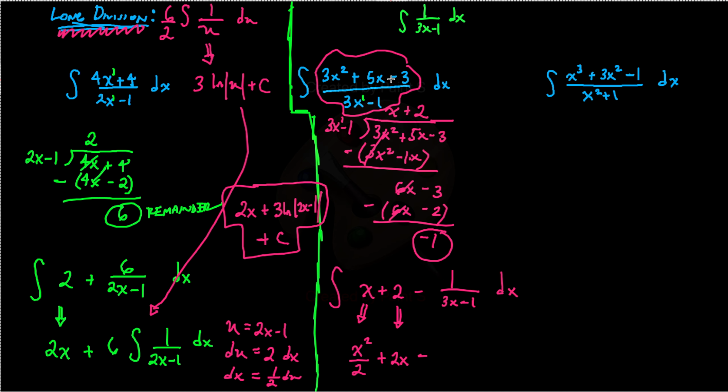I again want to make it look like 1 over u. I want to use the antiderivative of 1 over u is ln absolute value of u. So u here in this case is going to be that 3x minus 1. du is 3 dx. And then I solve it for dx, and I see that it's 1/3 du.